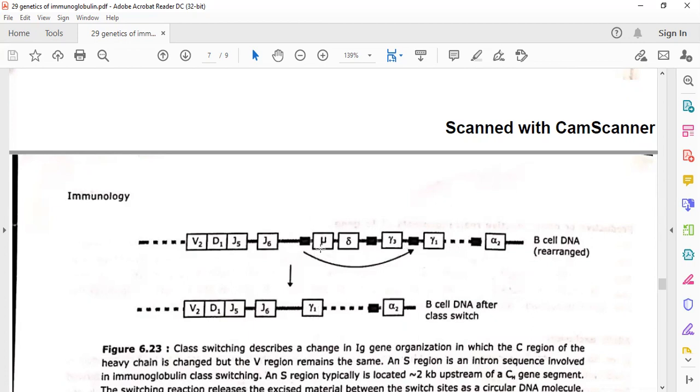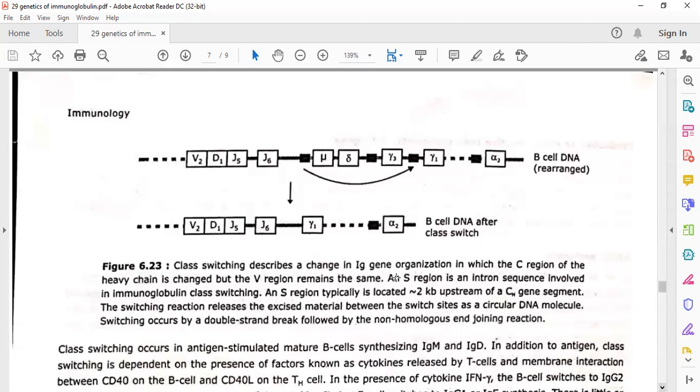So this sequence mu, delta, gamma 3 and gamma will be cleaved, and the remaining alpha 2 will be found out here after the J region, which will prepare a complete immunoglobulin A. So this is the class switching, which indicates that the next molecule which is after the J region will be considered as the immunoglobulin class.